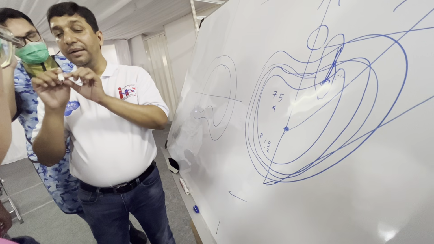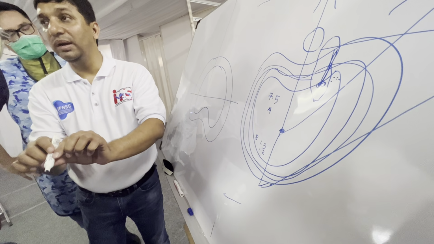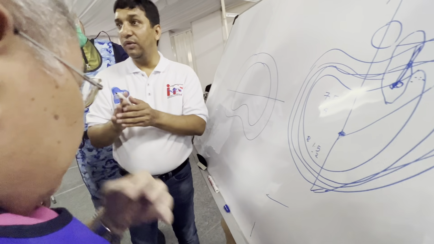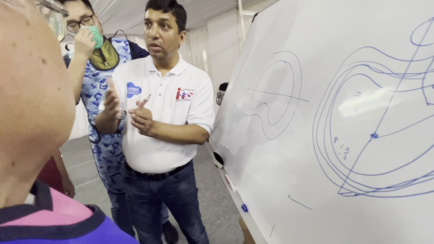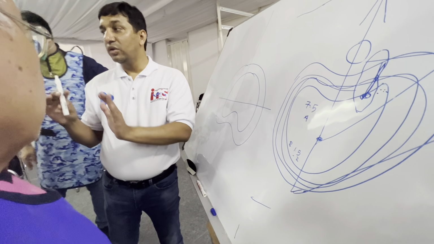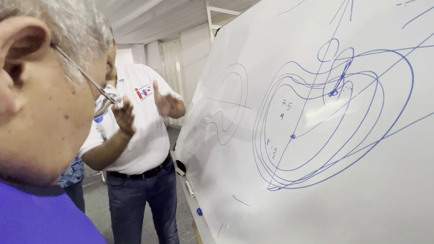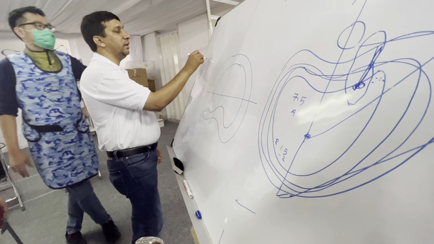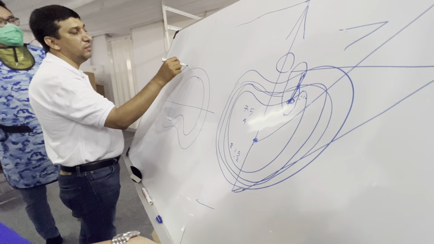The needle entry will be exactly similar to the actual disc line and inclination line. At the L3-4 level it will be a little above, a little more above for L4-5 and L5-S1. And for L2-3 and L5-S1 it will be like this. Like you see, from one point, this is L3-4.